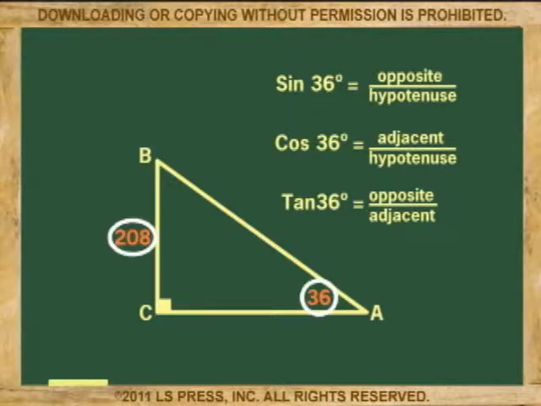What we will do now is find the other two sides. This angle we can find easily because it is the complement of 36, or 90 minus 36 equals 54 degrees. Now we will use the sine because we know the side opposite to the 36-degree angle, and the opposite angle is part of the sine ratio.